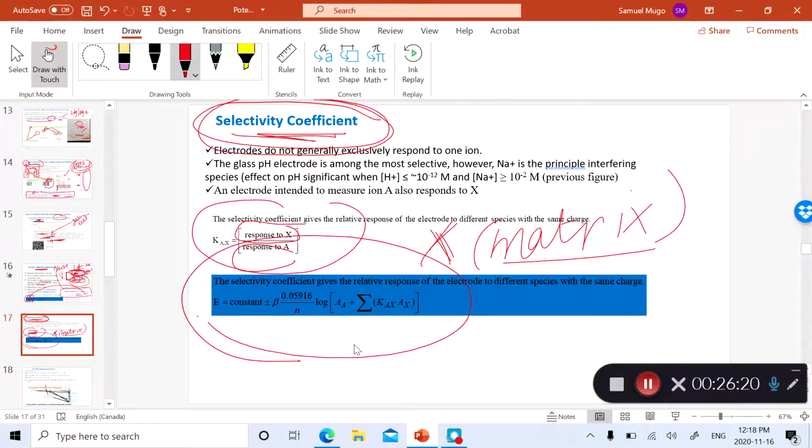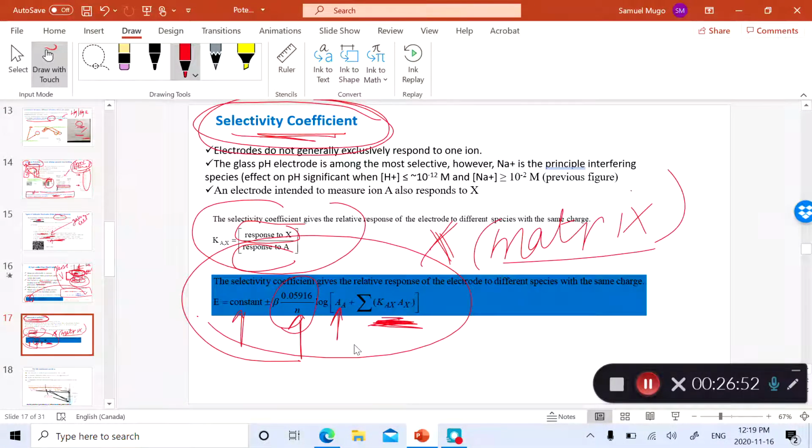The E of the cell is equal to the constant related to the electrophoretic mobilities of the ions taking place. And then N is the number of electrons being transferred. In the case of classical potentiometry, this is the activity of the analyte, which is often very close to the concentration anyway, because the activity coefficient is very close to 1, plus the selectivity coefficient.